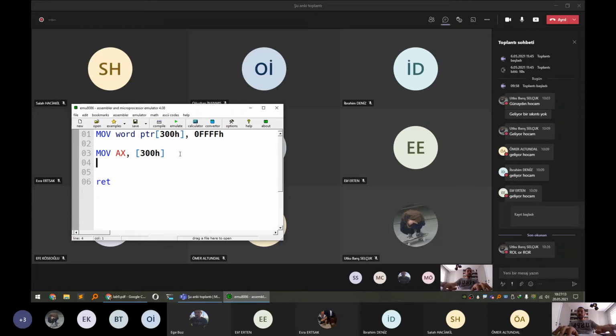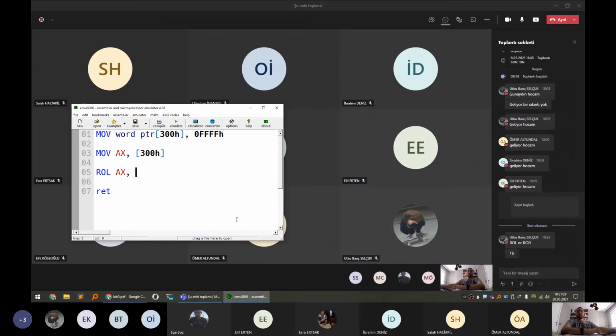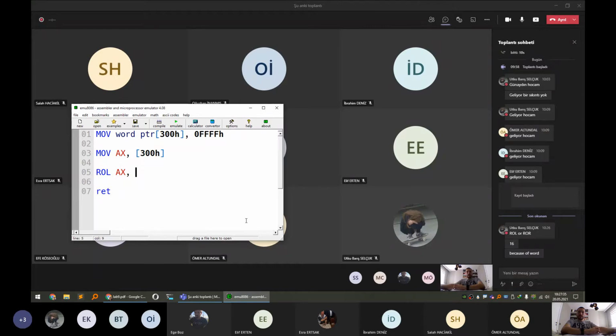I'm going to use AX to rotate. I'm going to use rotate left, AX. Okay, how many times should I rotate in order to count the ones in a word? Yep, Utku is right. I should rotate 16 times because the word is 16-bit.